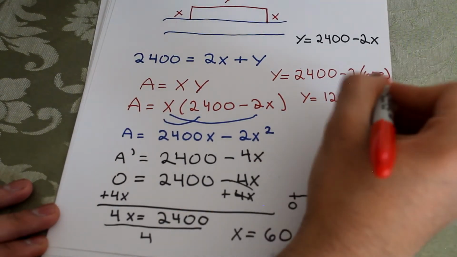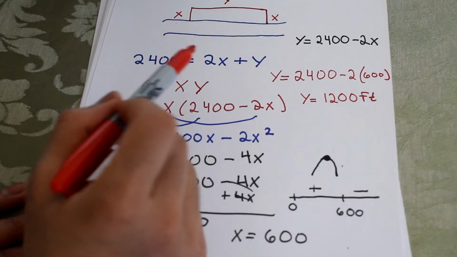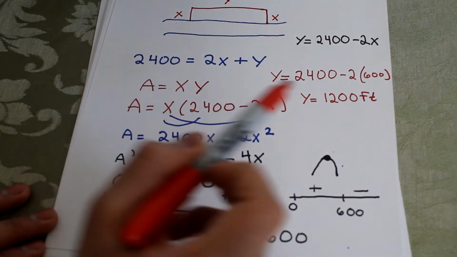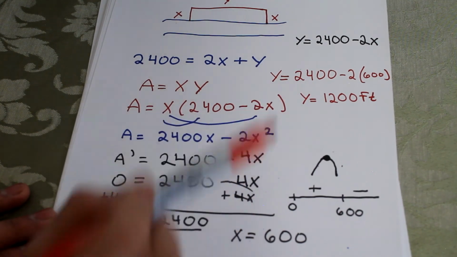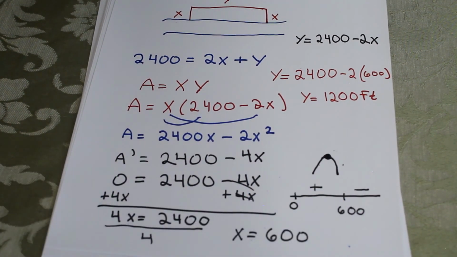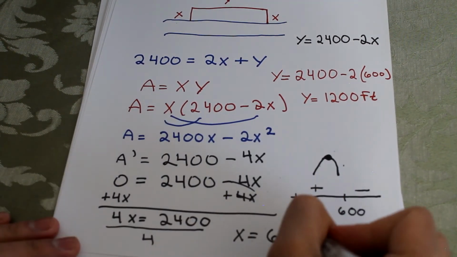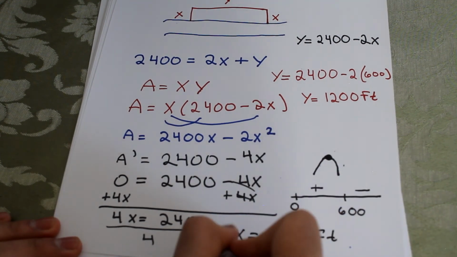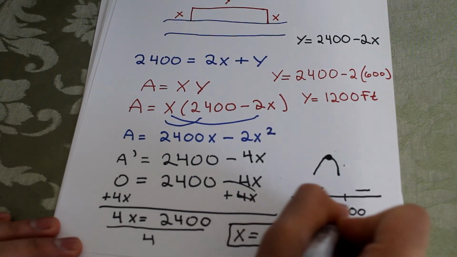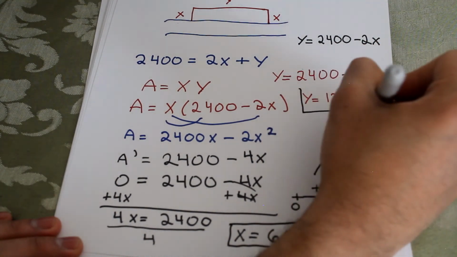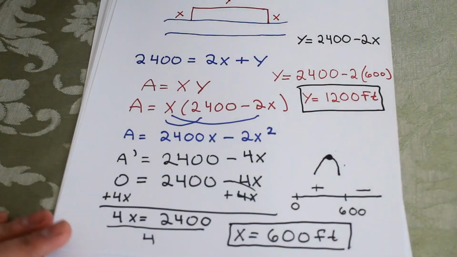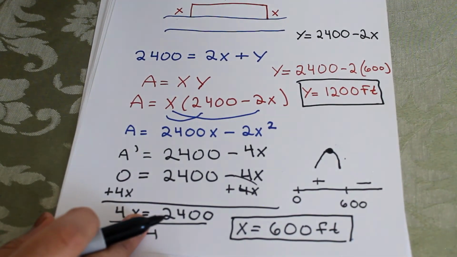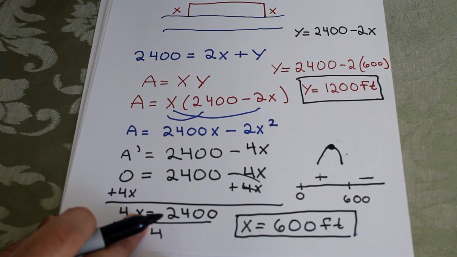Now the fence was in terms of feet, 2,400 feet, so the dimensions are also in terms of feet. Don't forget the units for problems that require the units. So our final answer is y equals 1,200 feet and x equals 600 feet.